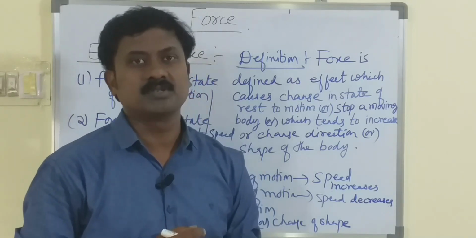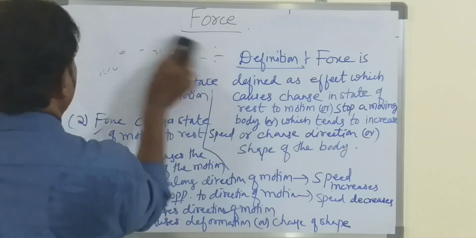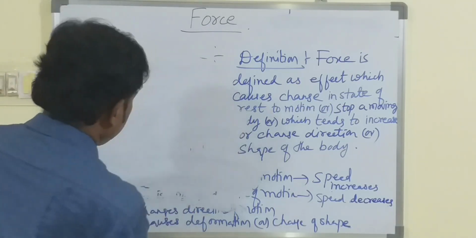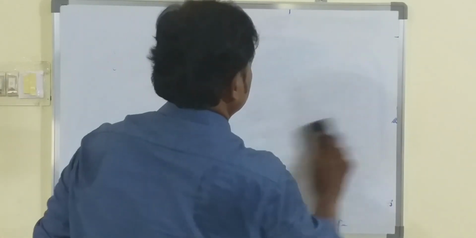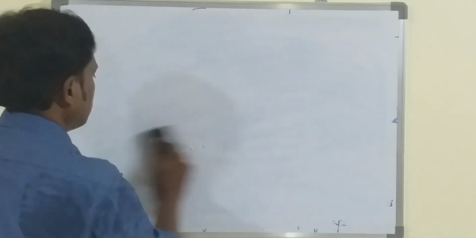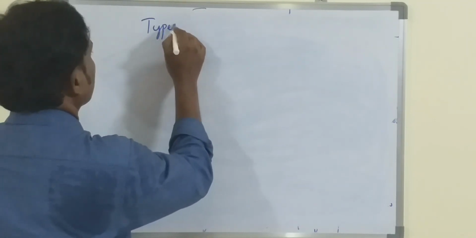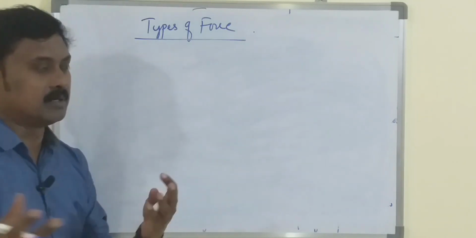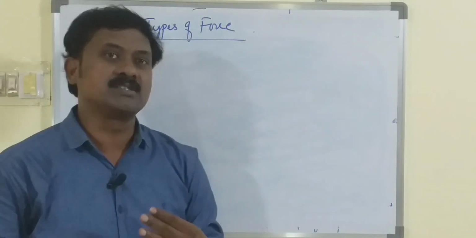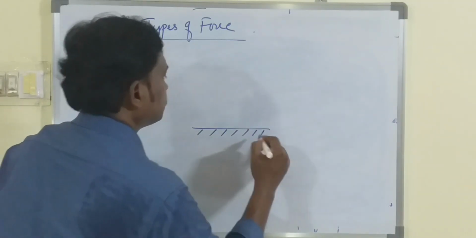Now let us see what the different types of forces are. Types of forces. Let me give two examples through which we can understand types of forces. Let me say this is a ground.